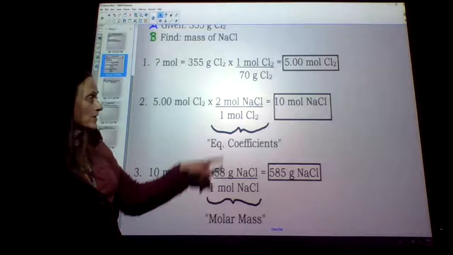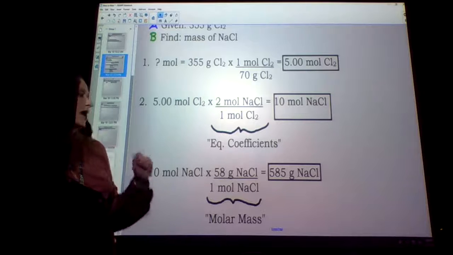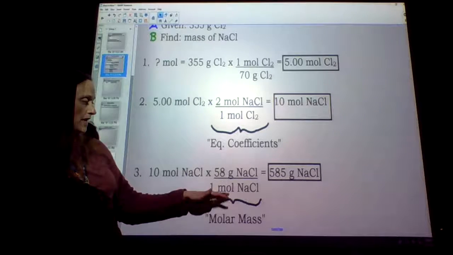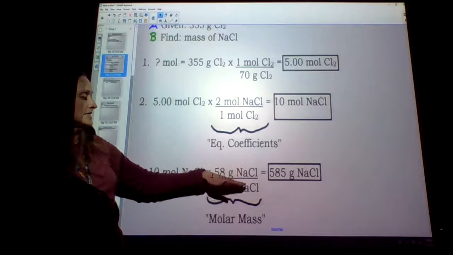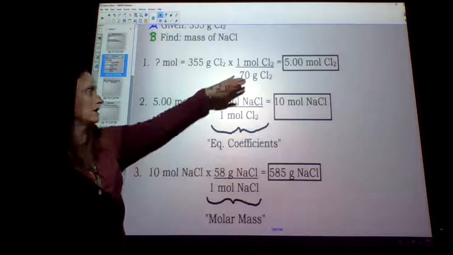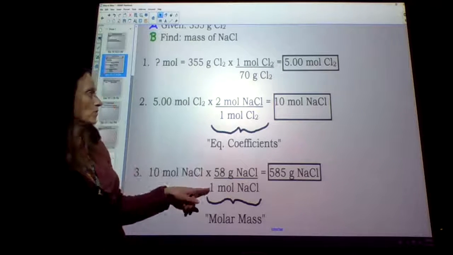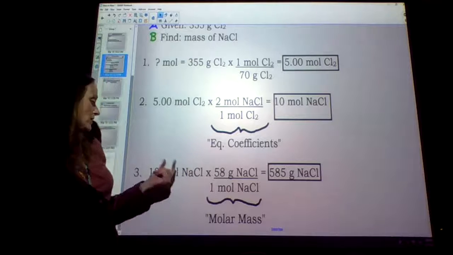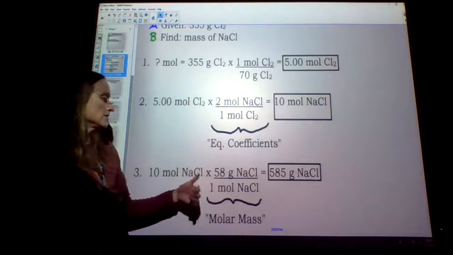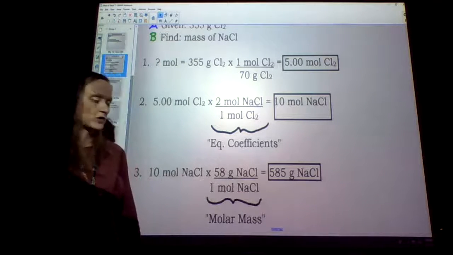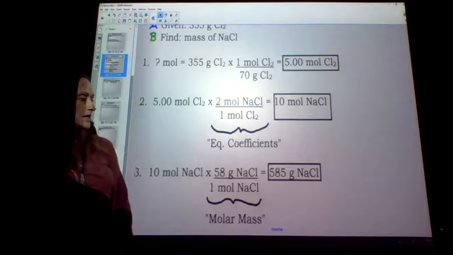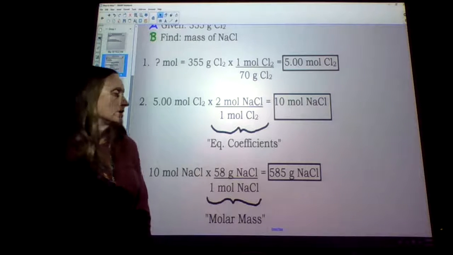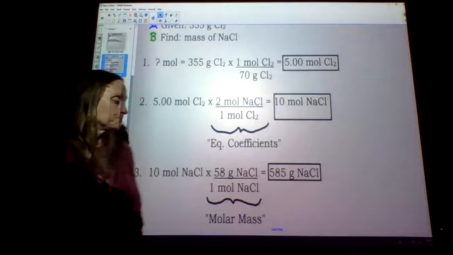But in our first and our third step, your substances are the same in both the top and bottom of your equality, so your number of moles will be 1. So you take 10 times 58 divided by 1, and you get your final answer of 580 grams of sodium chloride.